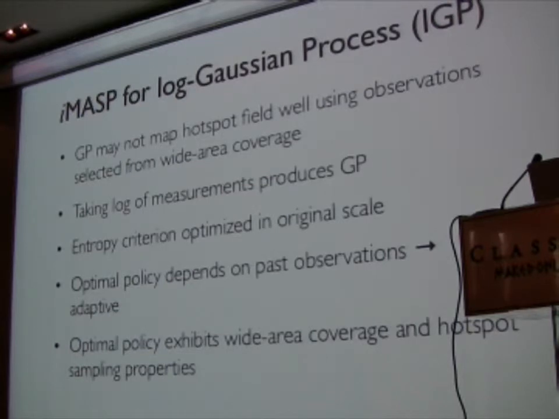So if we apply the planning to a log Gaussian process model, I'm able to show that the optimal policy depends on past observations, which means that it's adaptive in nature. And the second thing is that the policy exhibits wide area coverage as well as hotspot sampling properties, meaning it's able to send the robots to sparsely sampled areas as well as to areas where there are hotspots.